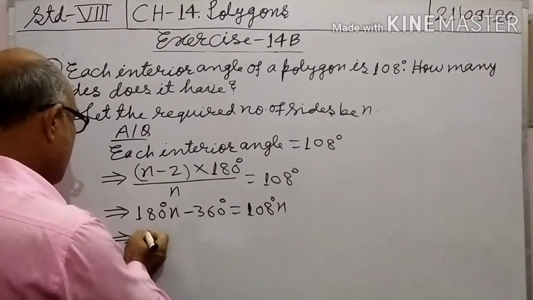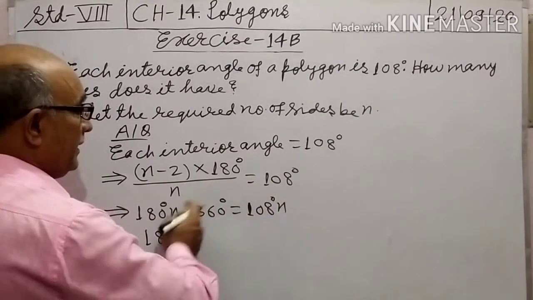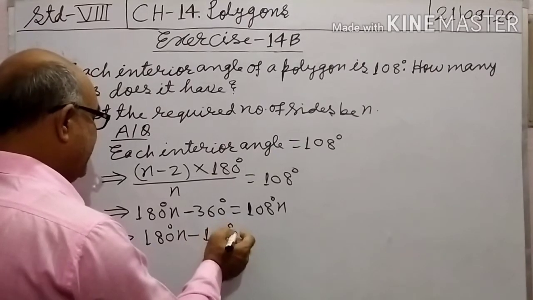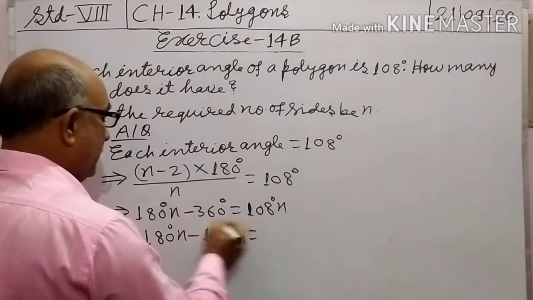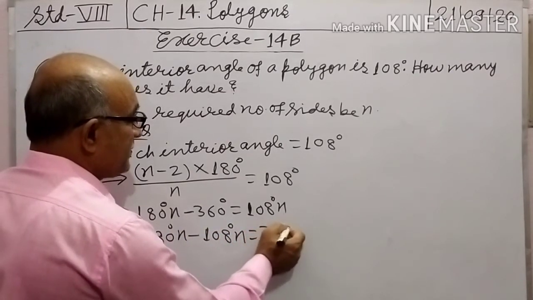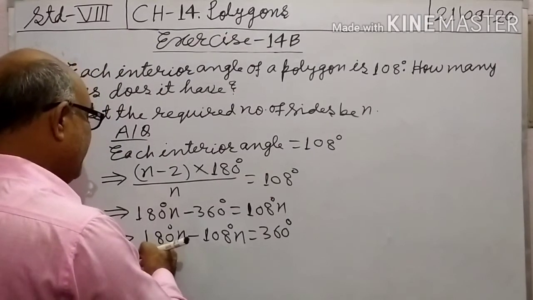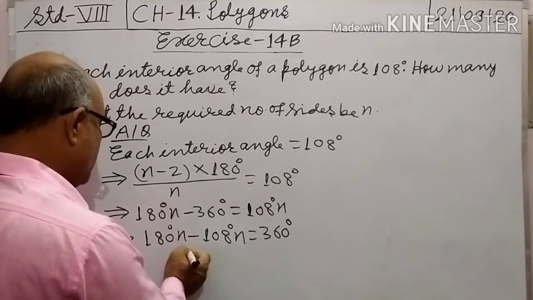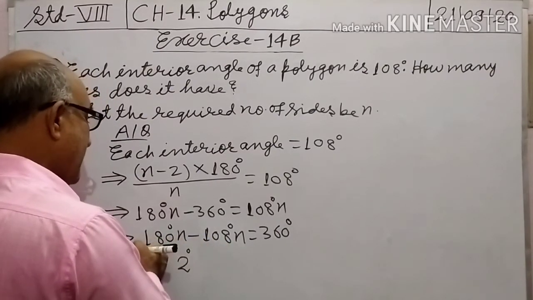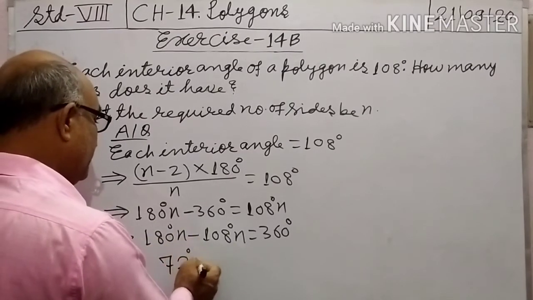Now 180 degree n minus 108 degree n, by transposition change into minus, equal to minus 360 degree, by transposition change into plus 360 degree. Now subtract here: 180 minus 108 is 72 degree n.